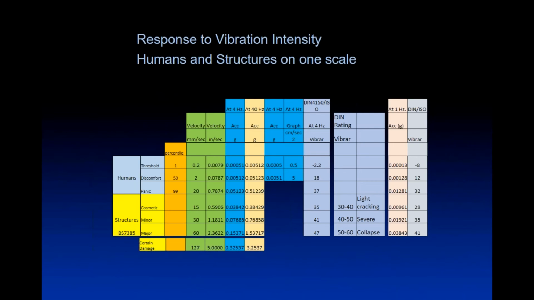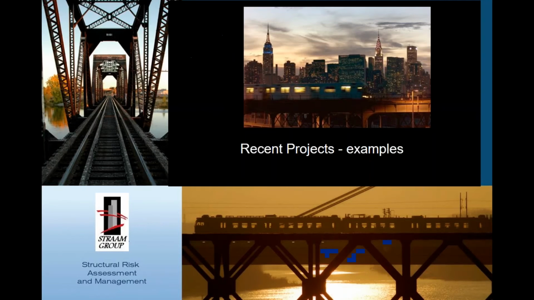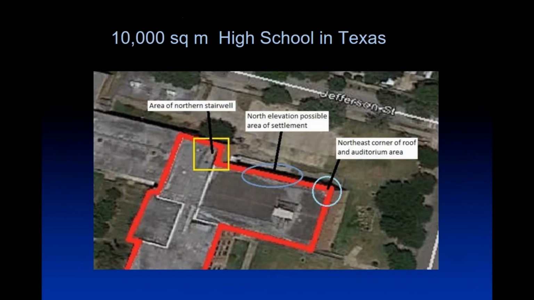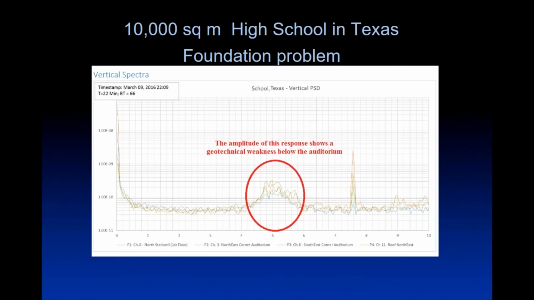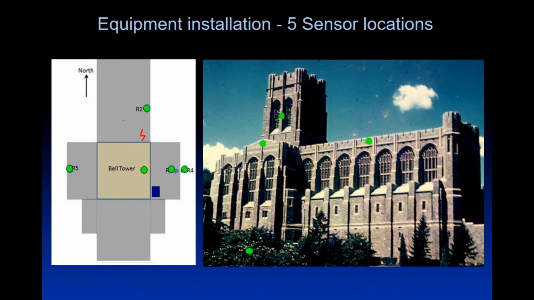In the United States, we use, of course, the imperial system generally, and we say that these values are 0.5 inches per second, peak particle velocity. 2 inches per second is where you can say we will probably have the commencement of structural damage in unreinforced masonry. But at 5 inches per second, we're almost certain that we are going to have damage in a structure.